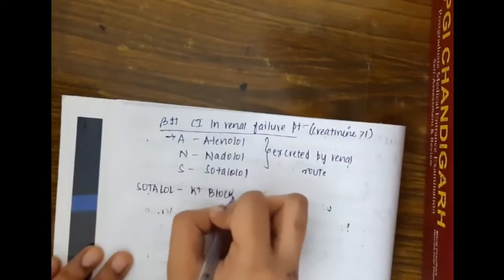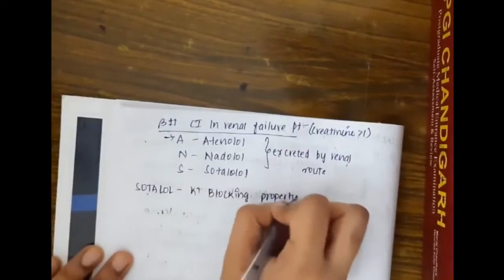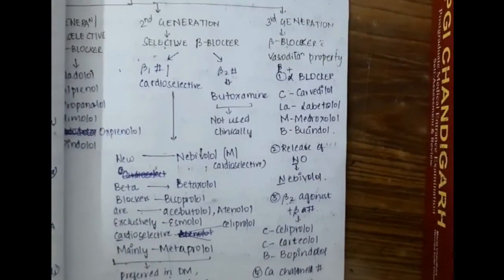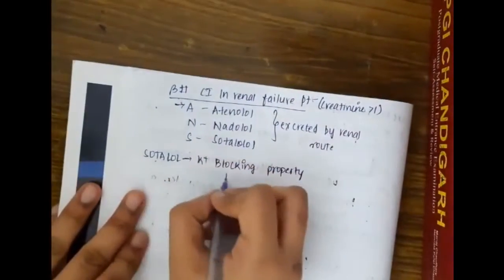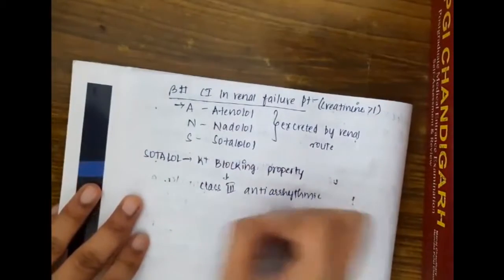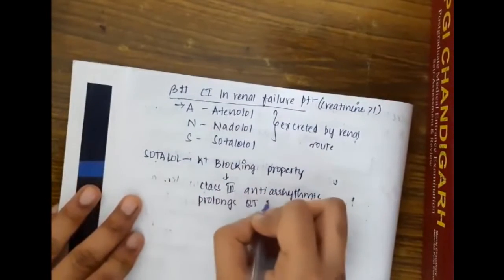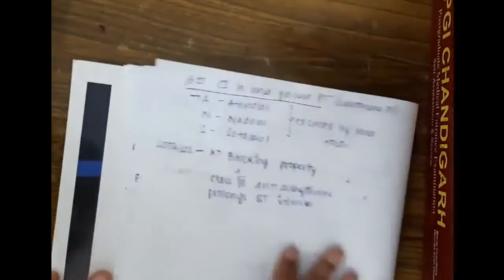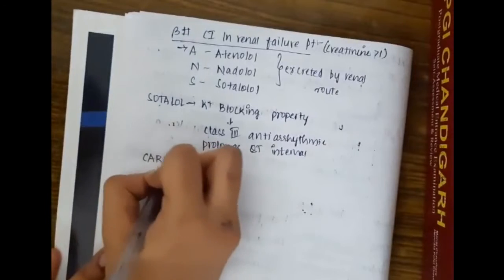Then the drug sotalol has potassium channel blocking property. So sotalol is used as a class 3 antiarrhythmic drug and it will prolong the QT interval.